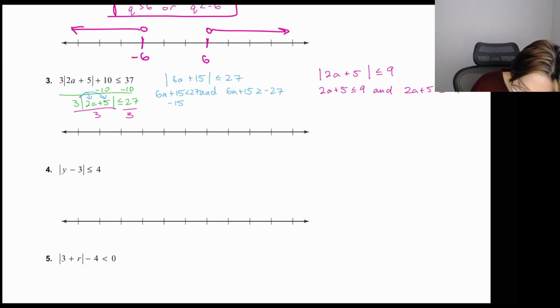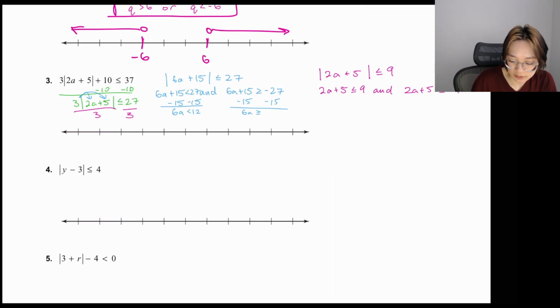Solve and graph. There isn't a ton of room to do this, but I will try my best to fit it in and graph at the same time. 27 minus 15 is 12. 27 plus 15, let's see, I have 30, 40, 42, right? Right. Divide by 6.